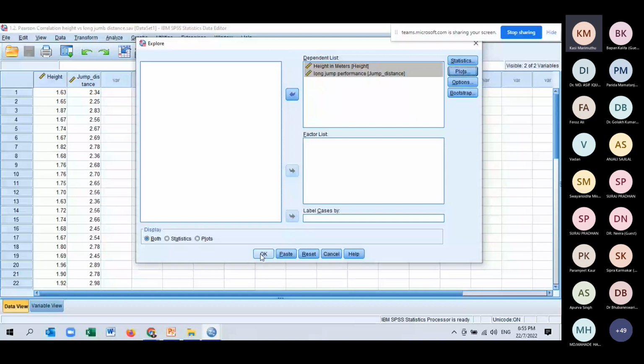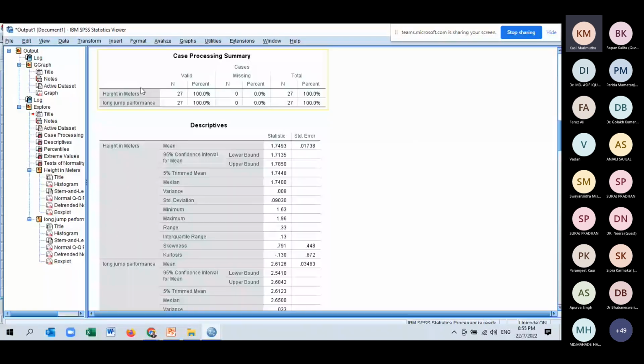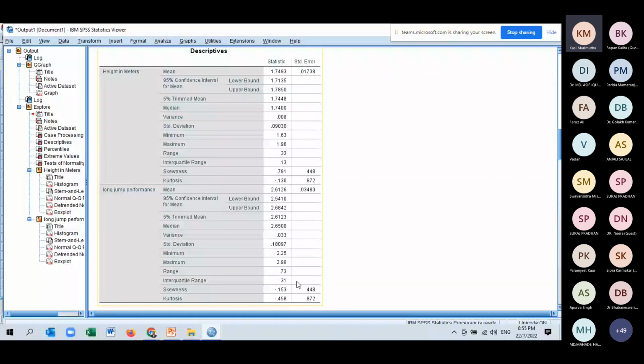Just click OK. In your output, SPSS will give you a lot of information. It shows that there are 21 cases and no missing data, for height in meters and long jump performance. For the skewness value and kurtosis value, anything from -1 to +1 is considered normally distributed.